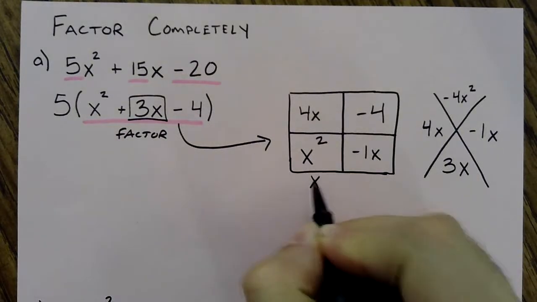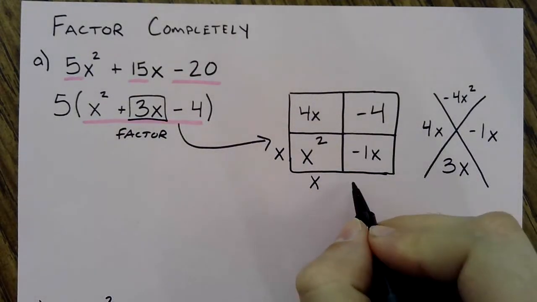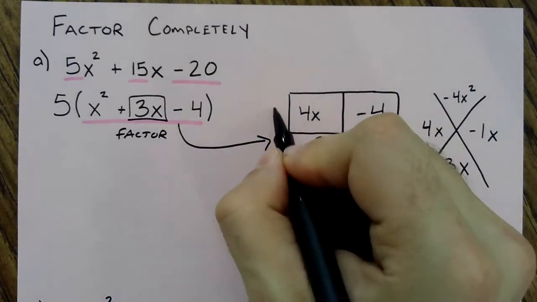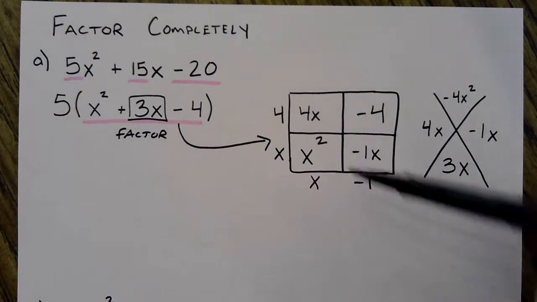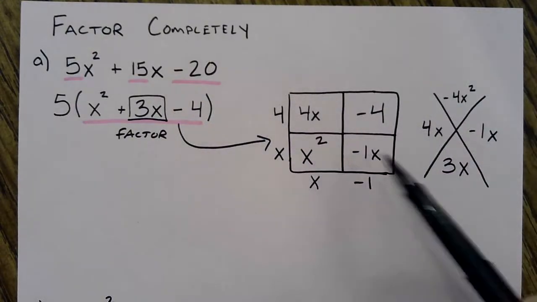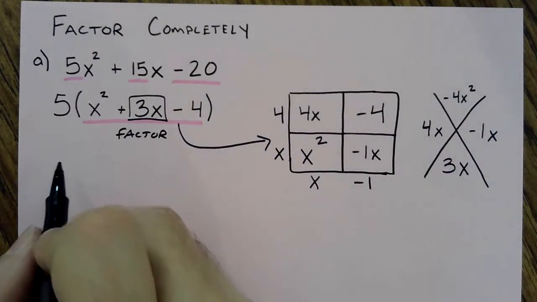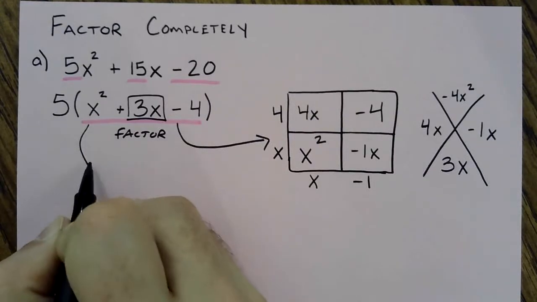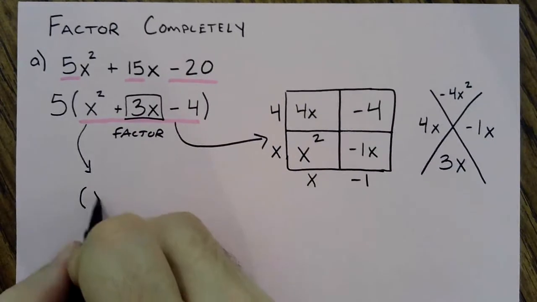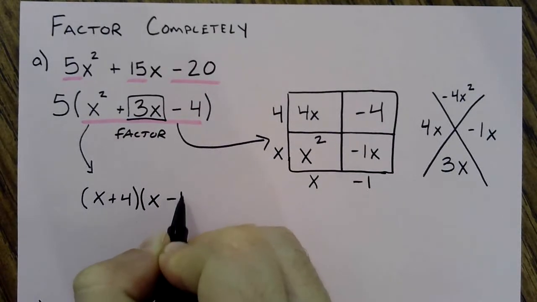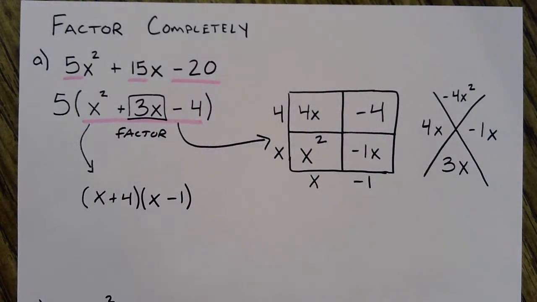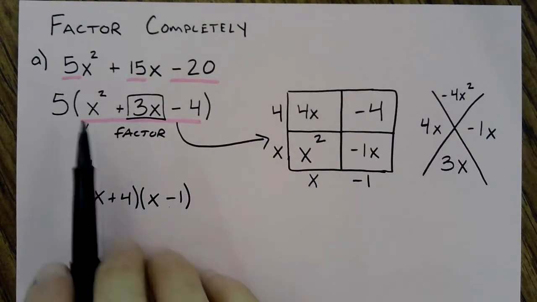So I'm going to pull out an x, negative 1, and 4. All right. Taking the dimensions of our generic rectangle as our two factors, we're going to rewrite what's in parentheses. That factored form would be x plus 4, x minus 1. And what we have to remember is this is the factored form of just what's in parentheses here.